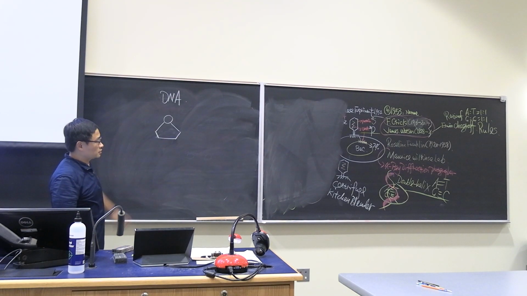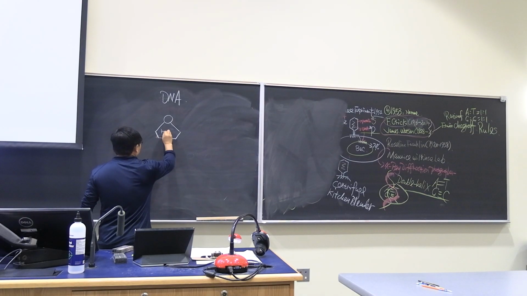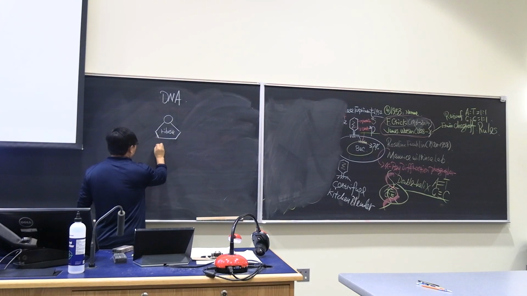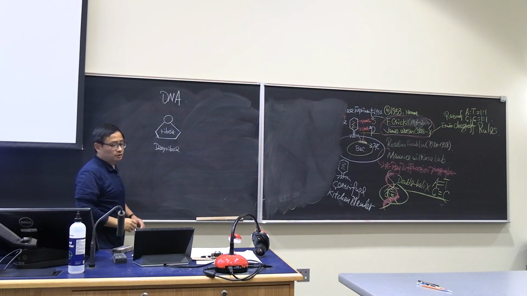First of all, in the center is a ribose. But it's a special ribose, what we call a deoxyribose. So what does deoxyribose mean?